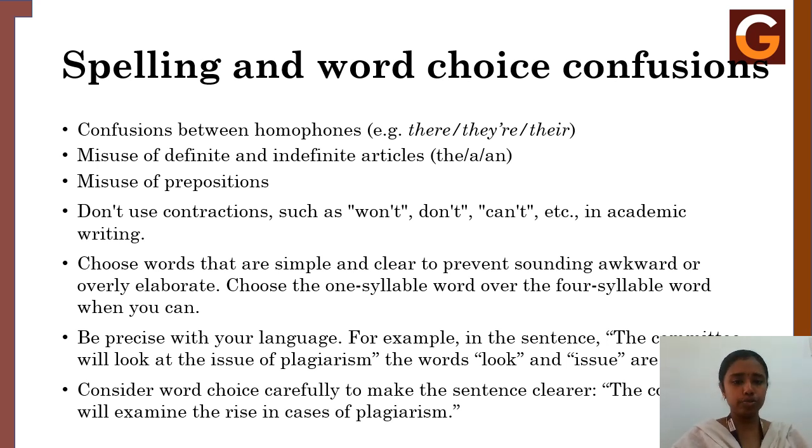And do not use contractions. Contractions don't make a work sound professional, so when it comes to academic writing, contractions should never be used. And choose words that are simple and clear. Any word that is used should be very clear and should not sound awkward, and the language used should be precise, and you should not drag the sentence.